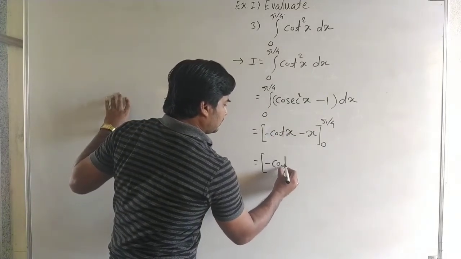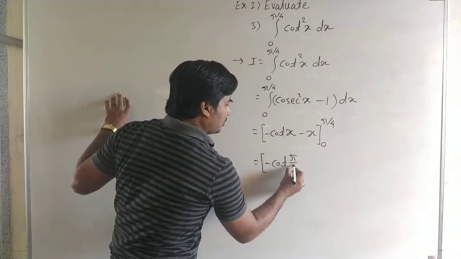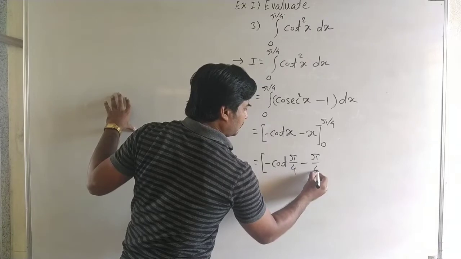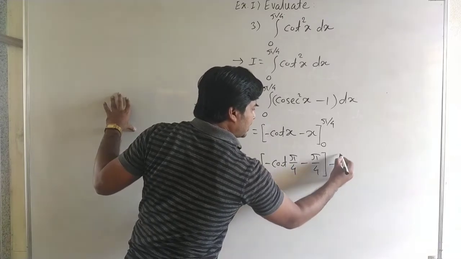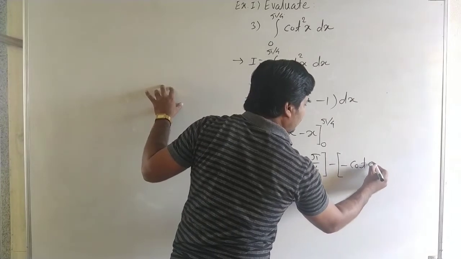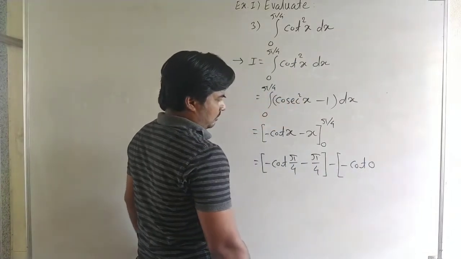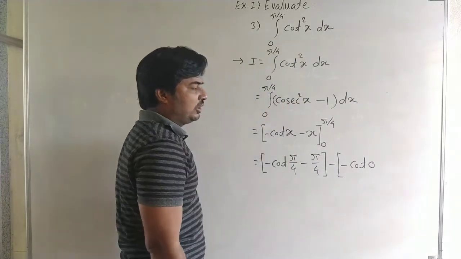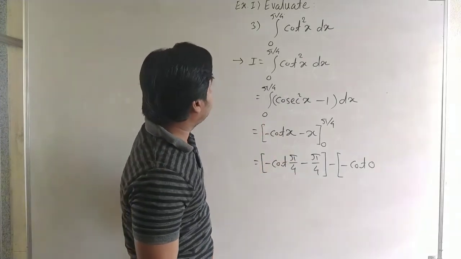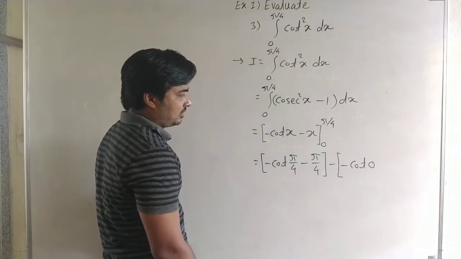minus cot pi by 4 minus pi by 4, minus we take the lower limit, that is minus cot 0. Now here it is cot 0. Cot 0 is an indeterminate form, that is infinity. So the answer of this integral is not defined.